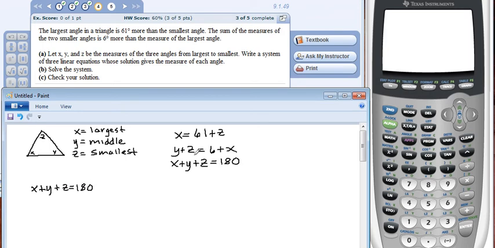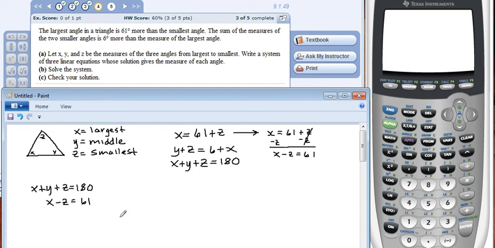I don't need to mess with that one. That one's set up correctly. This one, remember, we had a positive x and a negative z. So I'm going to take this equation, x equals 61 plus z, and subtract my z over. Then I would have x minus z is 61. That's what they're looking for. x minus z is 61.